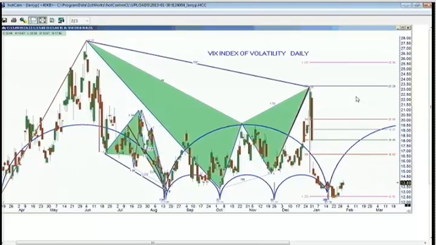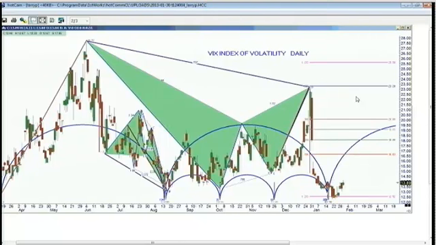Remember what happened from Christmas Eve when we made the bearish Gartley in the VIX index up around the 23 level. And here again, you have to give Basil all kinds of credit, because when it was trading around 16, Basil said it was going to go to 22. And it went up there, and it actually completed a nice Gartley there, and then it had its worst week ever, where it dropped more than 30% in 1 week.